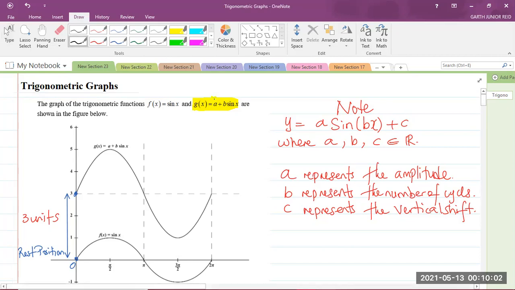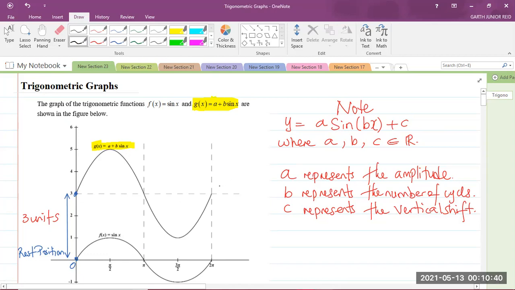If we compare the equation here in the yellow with the equation in red that I wrote on the right, the b would represent the amplitude. So we're now focusing on this graph here.